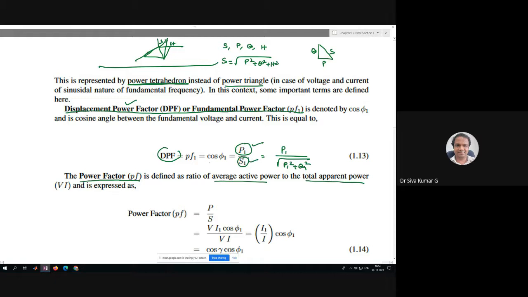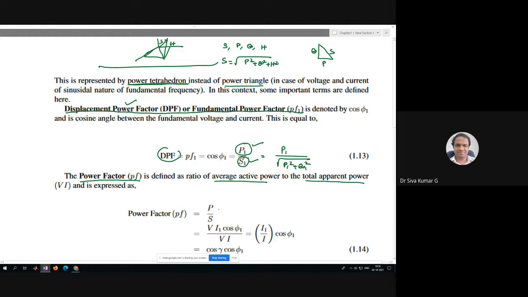The displacement power factor is equal to the ratio of the fundamental active power to the fundamental apparent power, whereas the power factor is the ratio of the active power to the total apparent power, that is P1.